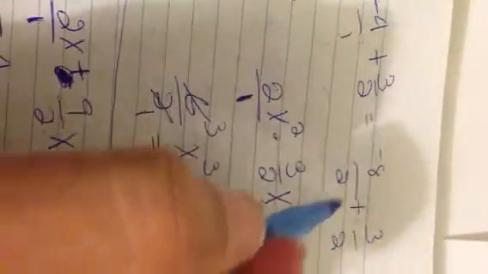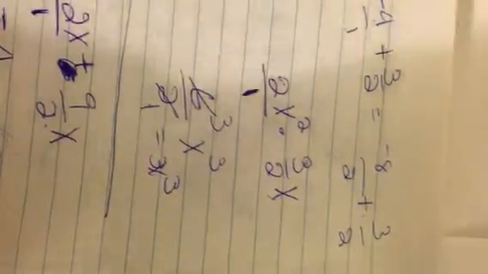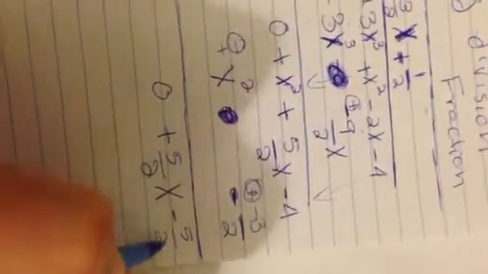Negative 8 over 2 plus 3 over 2. So negative 8 plus 3, the big number is negative, so the result has to be negative. It's going to be negative 5 over 2. So here is going to be negative 5 over 2.